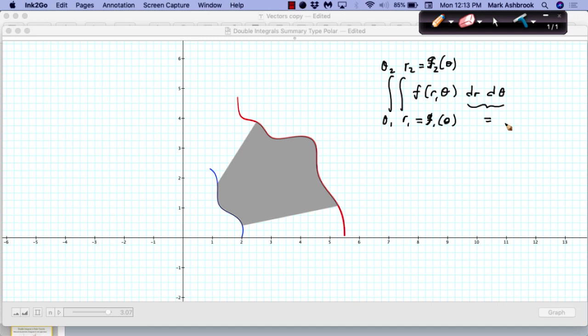Is that what dA is? So let's explore that a little bit. Our mantra, again: closest to furthest from the pole, starting theta to final theta. That's going to be our mantra for polar double integrals.